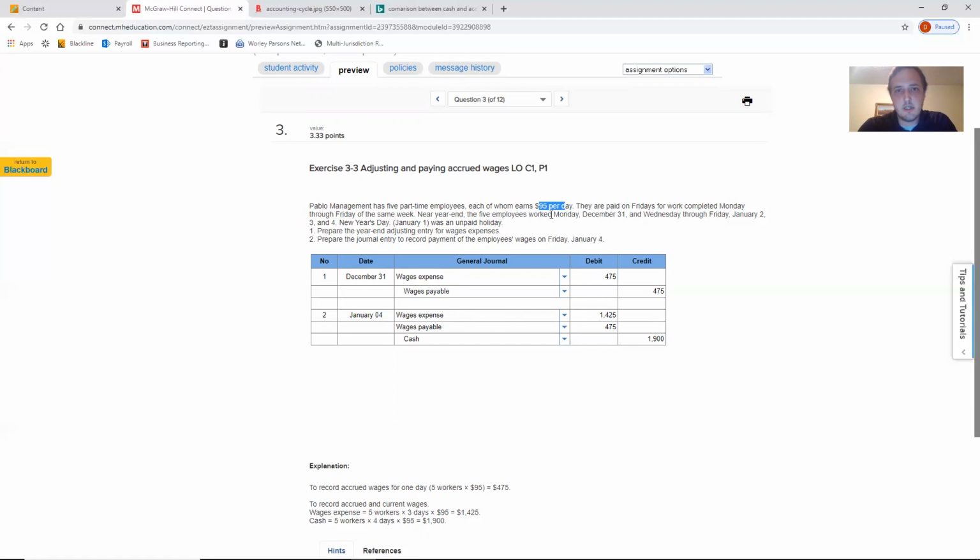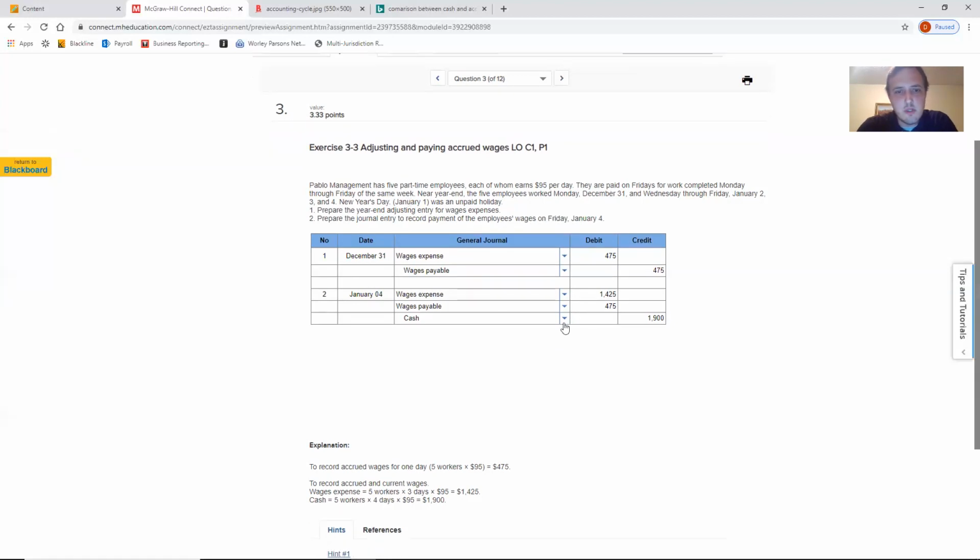And here we are on January 4th. Oh, wait, first we need to do just the Monday. So 5 workers, $95 a day, just one day is $475.